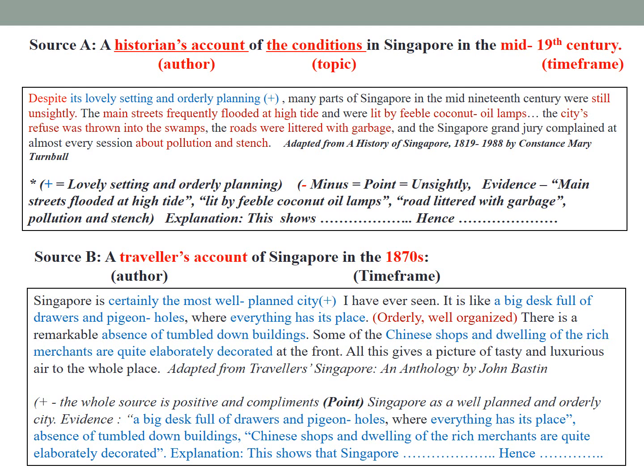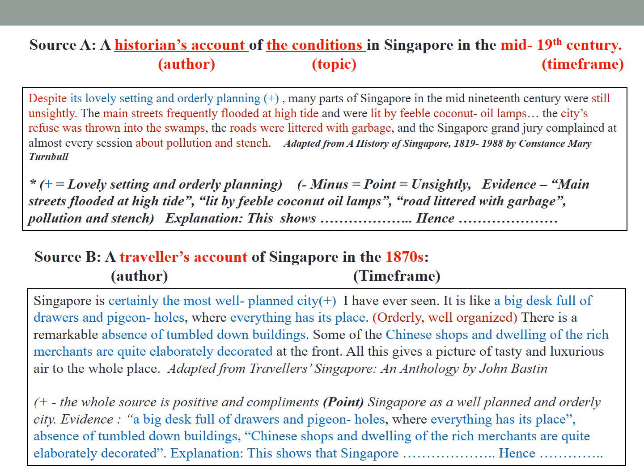are they different. You can see that source A and source B are different because source A has mostly negative things to say about the conditions of life in Singapore in the mid-19th century. It is negative. All of the evidence is here.